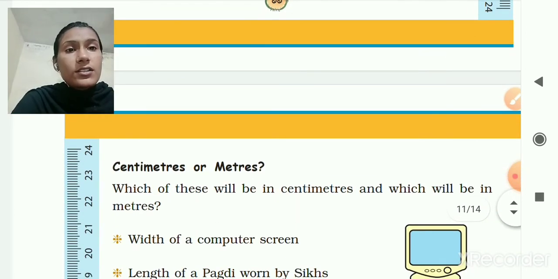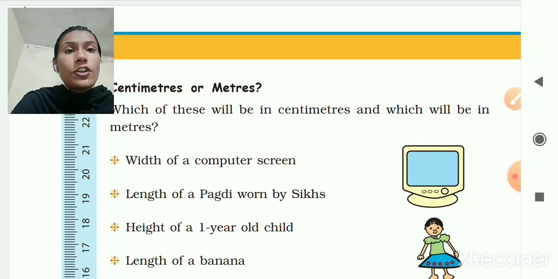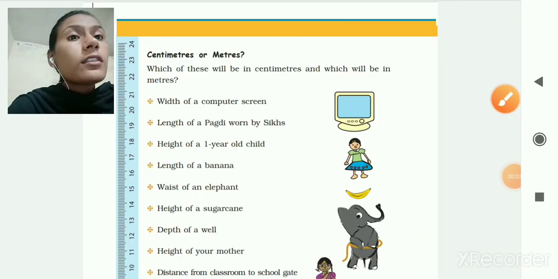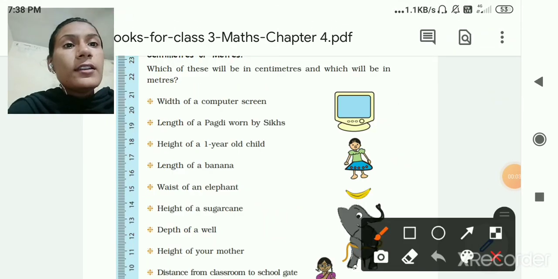Then centimeters or meters: which of these will be in centimeters and which will be in meters? Here we have to write which will be in centimeters and which in meters. First one, width of a computer screen.